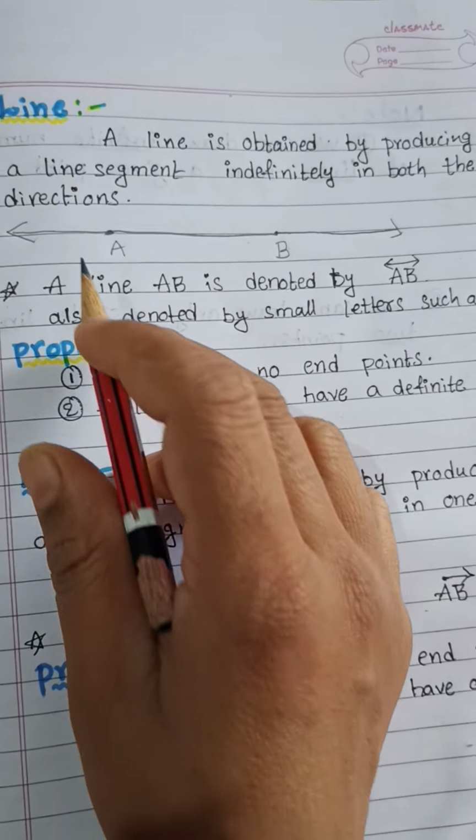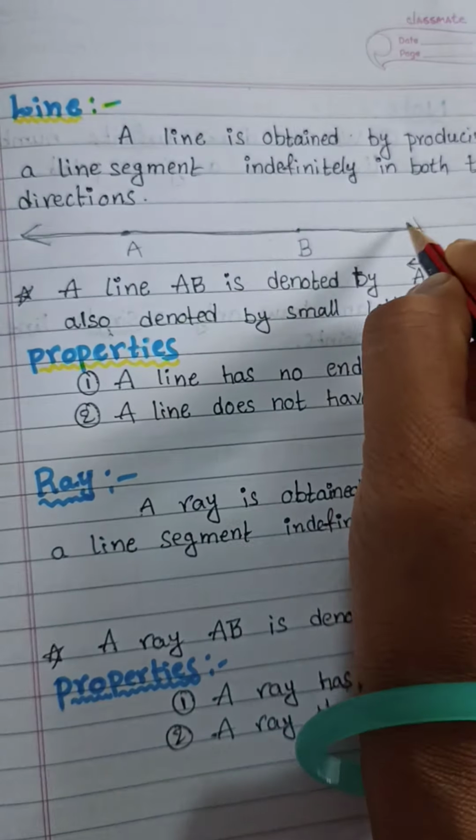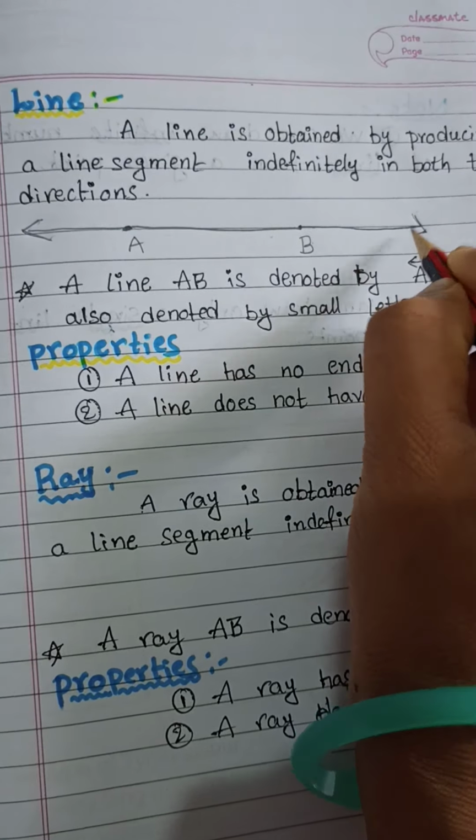Here this arrow mark shows it is extending right side, it is extending left side endlessly. It means we cannot measure, it is going on. How much can you draw? I can draw this line till the end of this paper only.